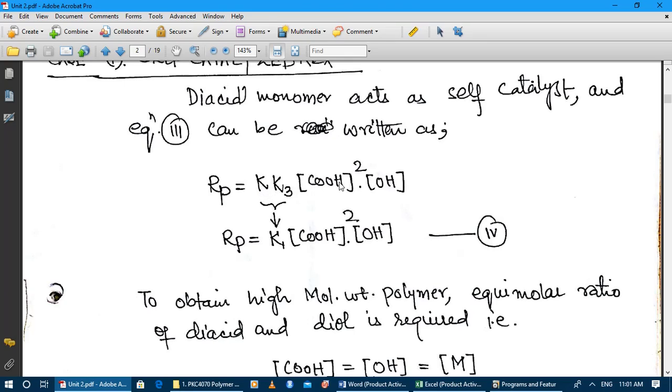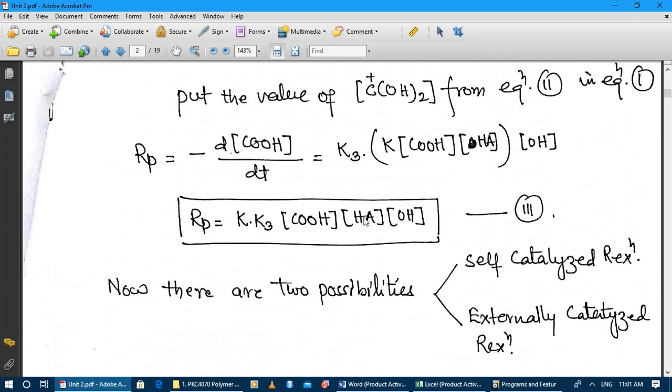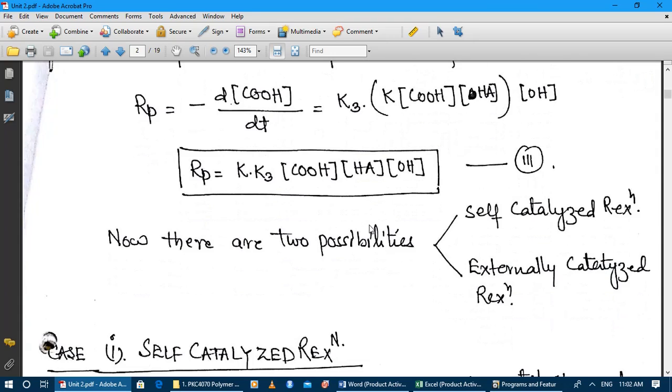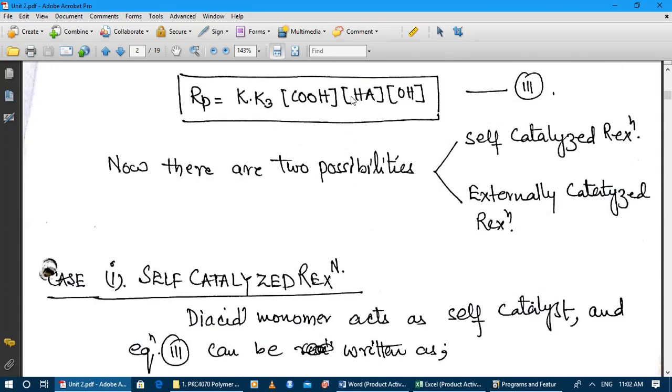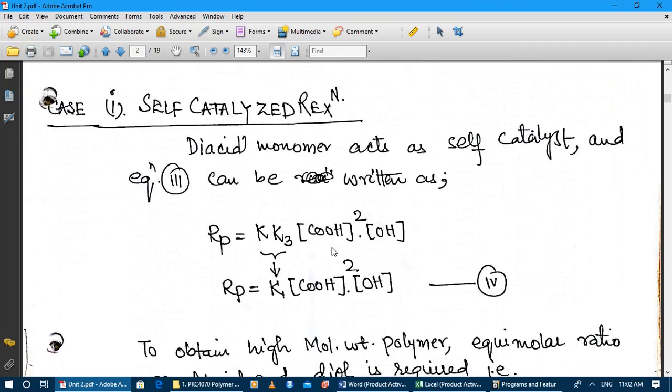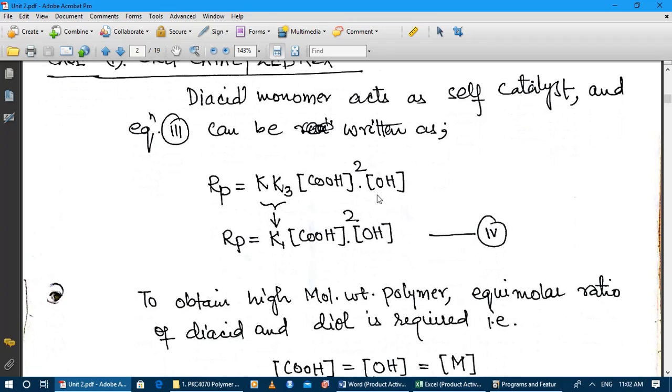K3 [COOH] square, because in this equation, instead of considering HA, we are considering one more time COOH, because the carboxylic acid or the diacid itself is taking care of the catalyst, meaning it is acting as a catalyst. So this will be [COOH] square multiplied by the concentration of the second monomer, or the hydroxyl group.